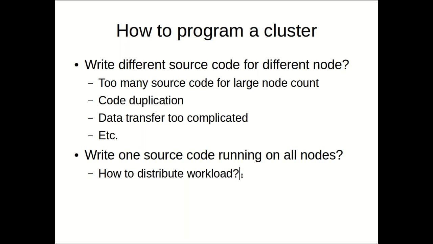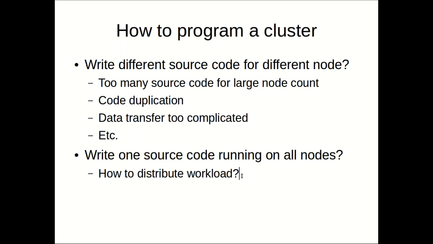That's the first thing that we are going to need, right? An ID. A second thing is that we must have the capability to write different logic for different node IDs inside of the same source code, right?